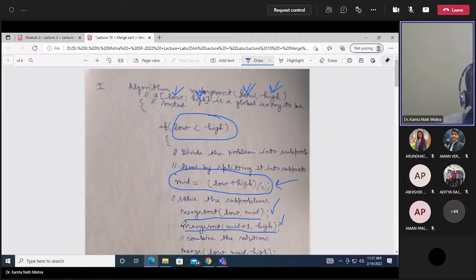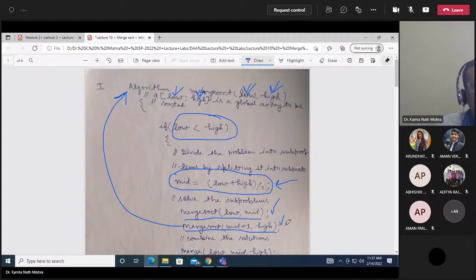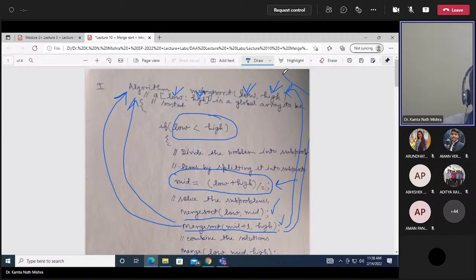And this is a recursive algorithm, you are calling the algorithm itself. So every time you are dividing the array into two subarrays. And when will the division stop? A[low] to A[mid] and A[mid plus 1] to A[high], again further division.